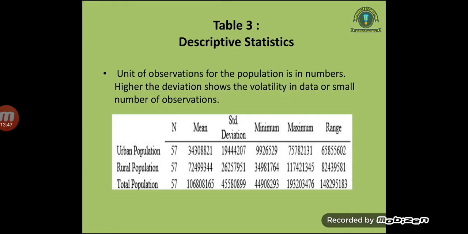Now the table number 3 is called the descriptive statistics. The unit of observation for the population is in numbers. A higher deviation shows volatility in data or a small number of observations. Now we can see urban population, rural population and then the total population.